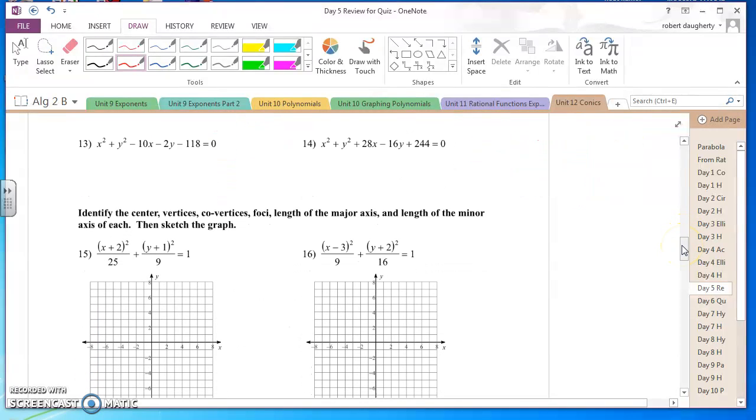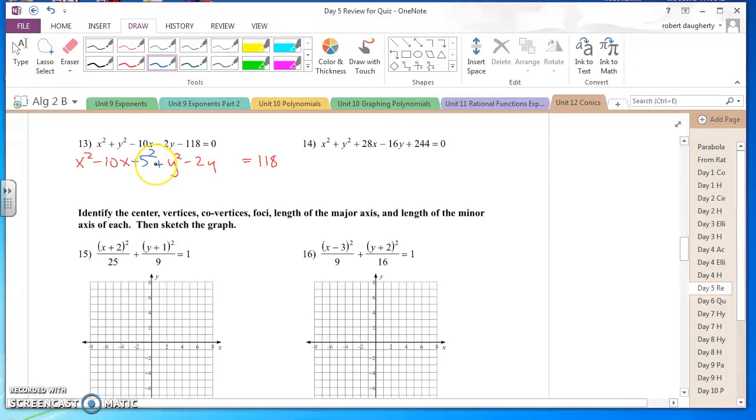Here you have the opportunity to complete the square in order to figure this out. So I'm just going to group terms together. So x squared minus 10x, I'm going to leave some space, y squared minus 2y equal 118. To complete the square in x, I need to add half of 10, which is 5, so 5 squared.